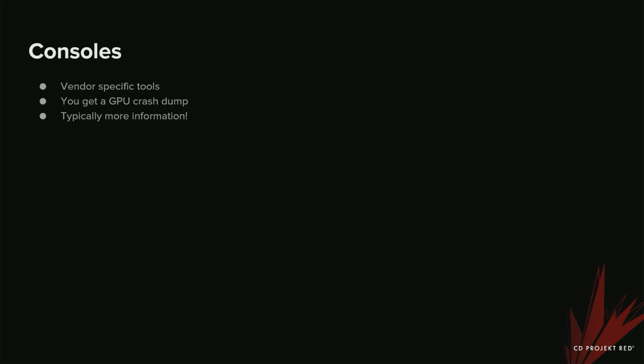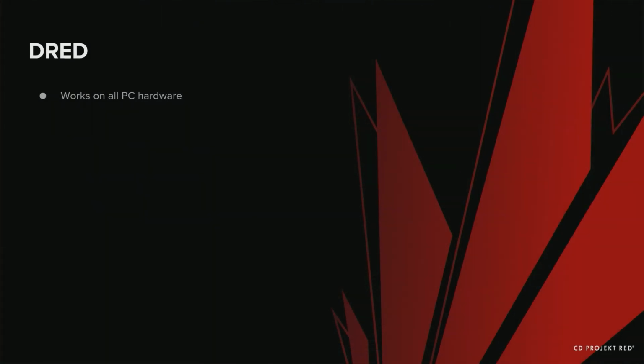So let's go deeper into the first tool available on PC, called DRED. It's easy to use, works on all DirectX 12 supported hardware, and is already supported by Unreal. DRED inserts markers after every render operation. It's all automatic and gives little control for the user. But Unreal has recently added support for lightweight DRED.